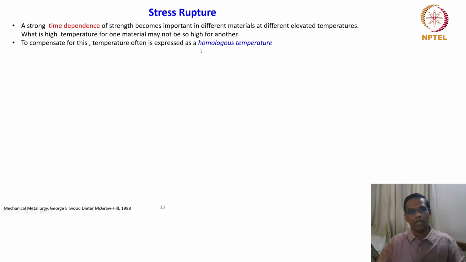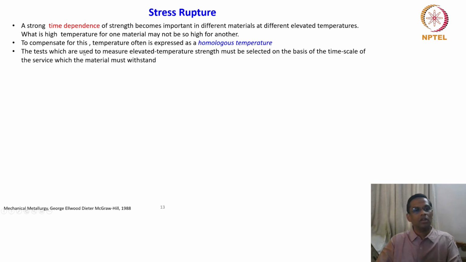We want to avoid the influence of melting point and look only at the temperature, so you get the true effect of temperature, because a high temperature for one material may not be so high for another material. So homologous temperature is a normalized parameter to compare.